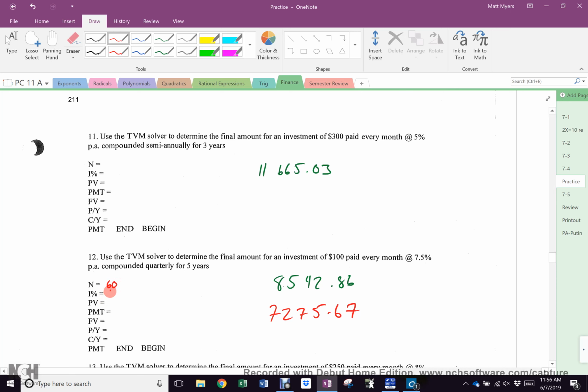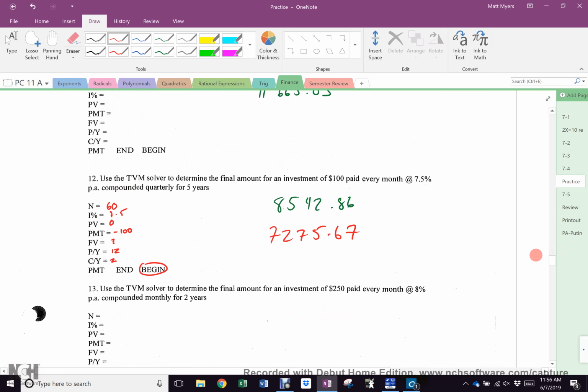And then everything else, 7.5. Present value, I put in a negative 100. That's how I started it. Or no, my present value was 0 because I had nothing. Then I put in 100. My future value is what I don't know. I'm paying 12 times a year, and I'm compounding twice a year, and I'm at the beginning. Compounding 4 times. Oh, 4 times. Quarterly, yeah, 4. Yeah.